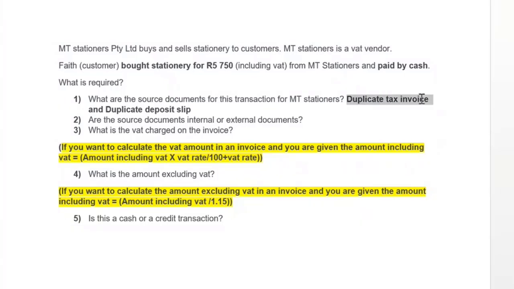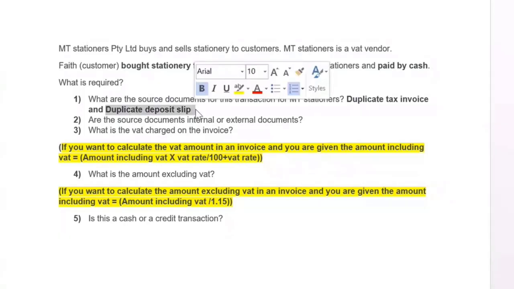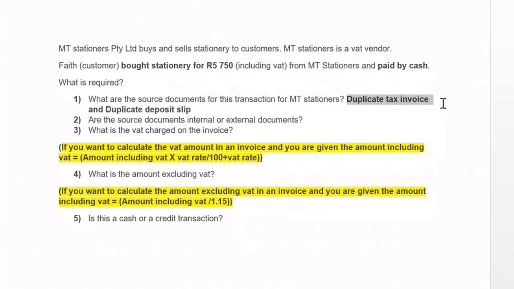And then once we received the cash, which is 5,750, we went to the bank and deposited that 5,750, and the bank kept the original deposit slip and issued us a duplicate deposit slip. So those are the source documents that we will be using as a business.